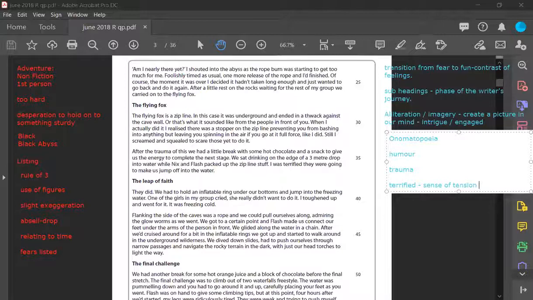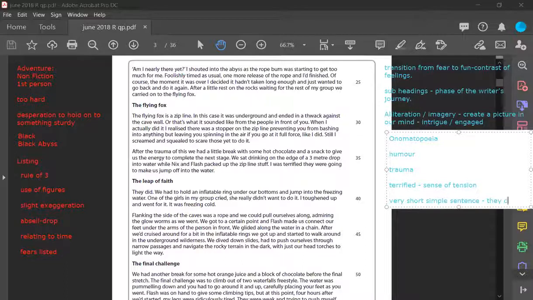Moving on a little bit more. The leap of faith. Again, a subheading. What does it say? It starts with only 2 words, a very short, simple sentence. What is this very short, simple sentence?